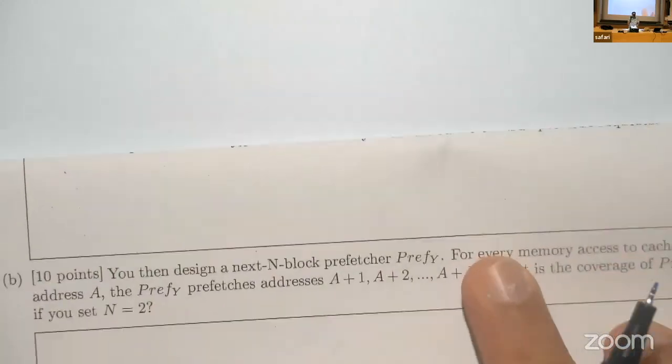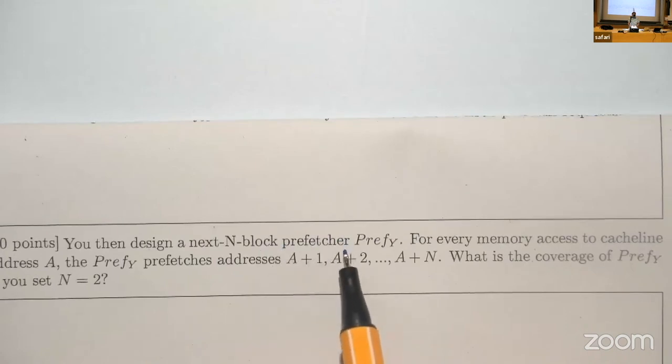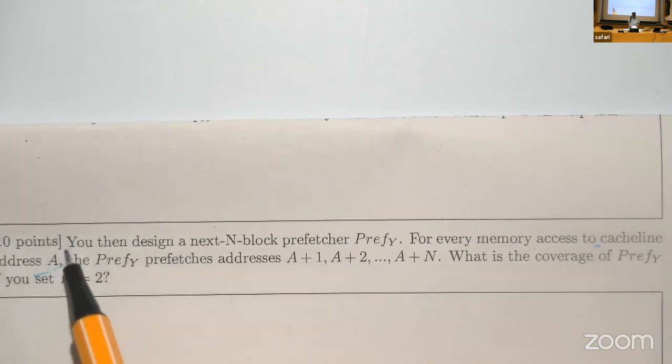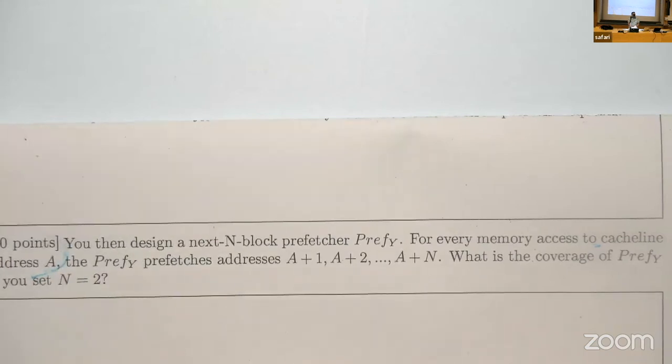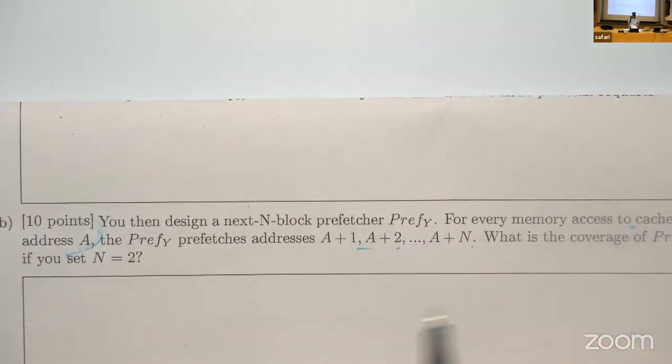Okay. So the second bullet point is here: you design an n-block prefetcher. For every memory request, when you access A, you prefetch the next n cache lines, like A plus 1, A plus 2, up to A plus n. The question is asking, what would be the coverage of prefetching if you set this n to 2?